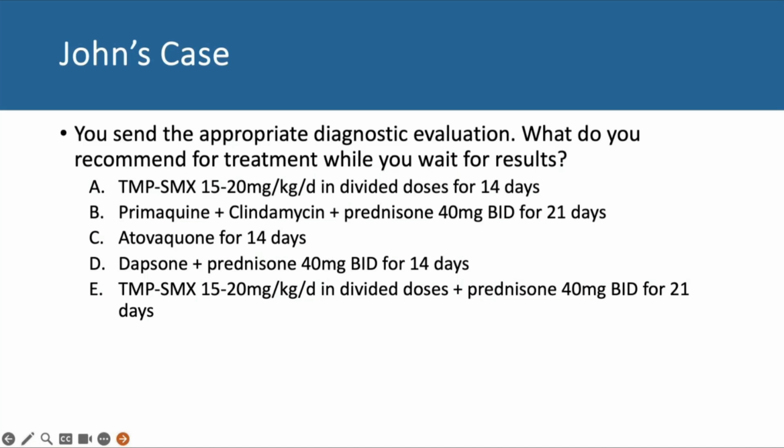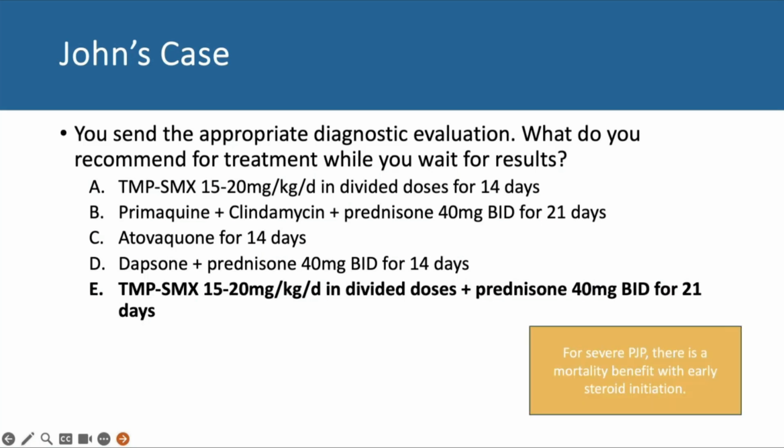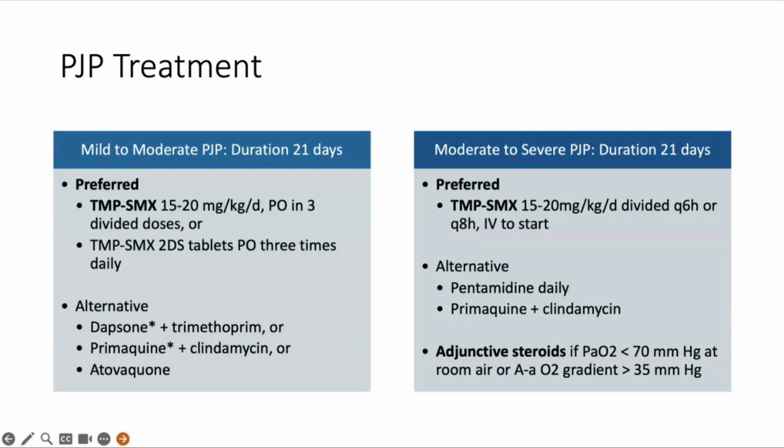Yeah. So for severe pneumocystis pneumonia, the treatment is trimethoprim sulfa at somewhat high doses, and then steroids. And there is a mortality benefit with early steroid initiation, and we'll look at that figure in a second.